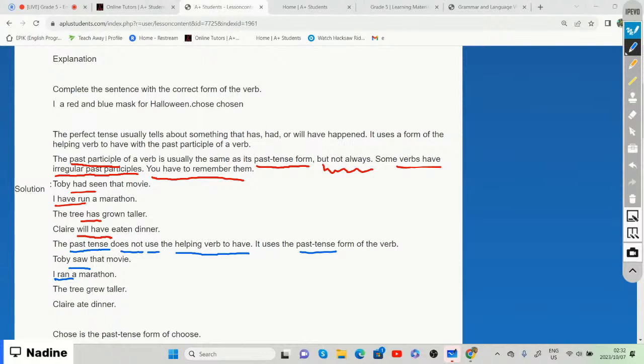The tree grew taller, meaning that in the present it is grow.